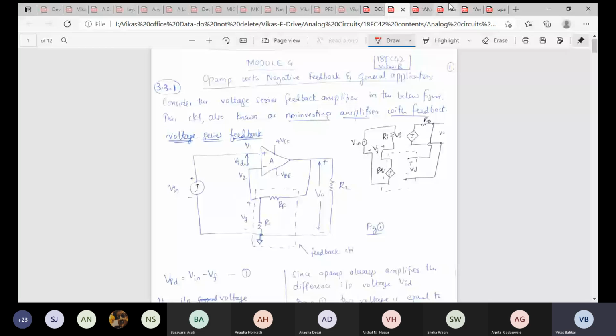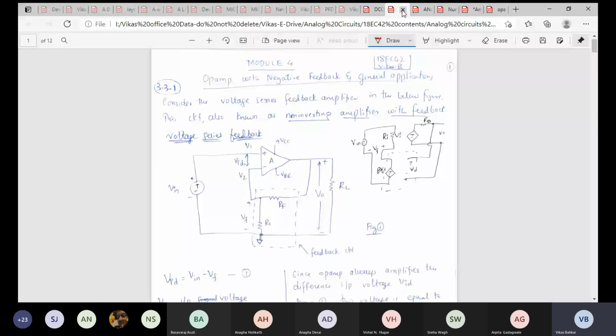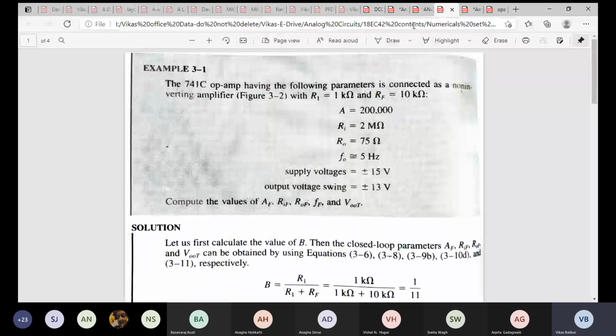So let's go ahead and see what he has given here. The R1 value is given, and then the RF value, that is the feedback. Open loop gain A is given, that is 2 lakh, that is 2 into 10 to the 5. RI is 2 mega ohm. What is RI? It is the input resistance of the opamp, given here inside.